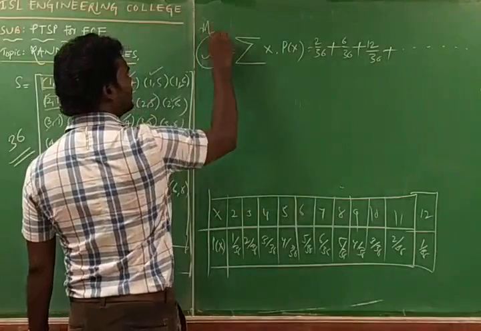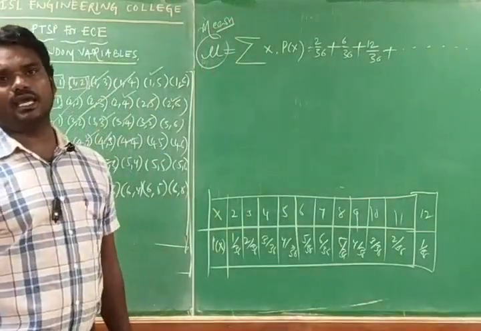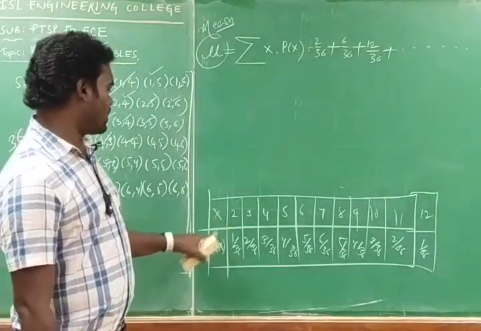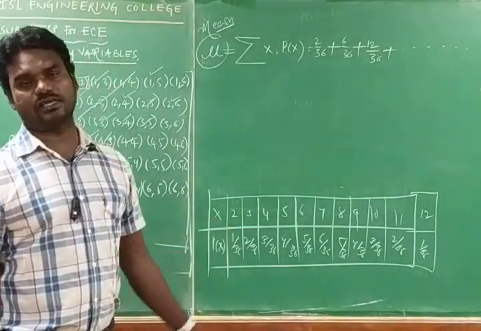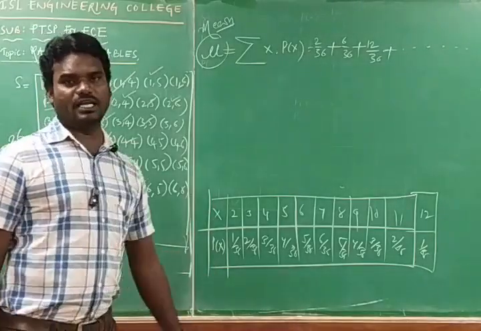Mu is nothing but the mean. The mean formula is the sum of all the products of x into p of x, where x is a random variable and p of x is the probability distribution.